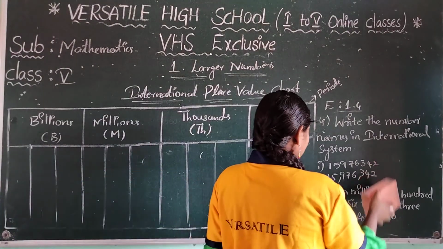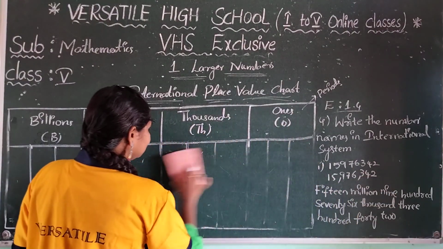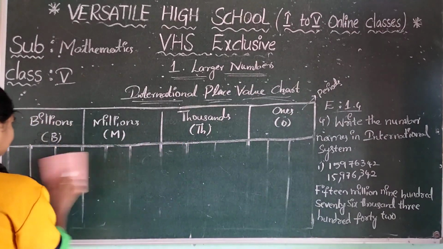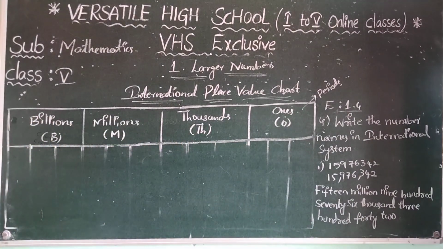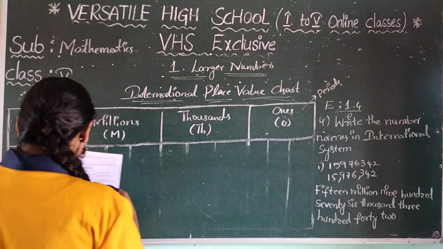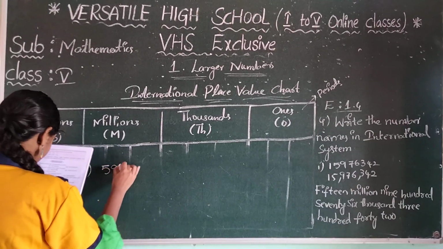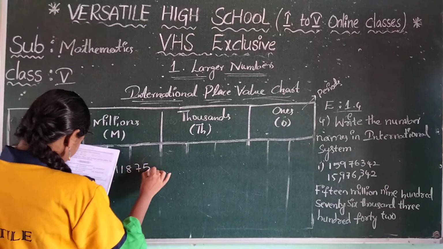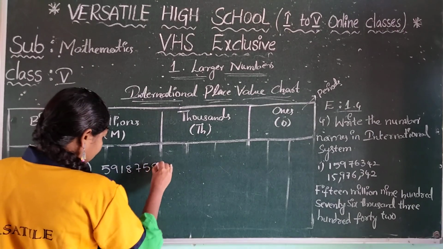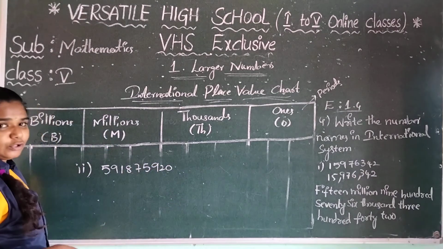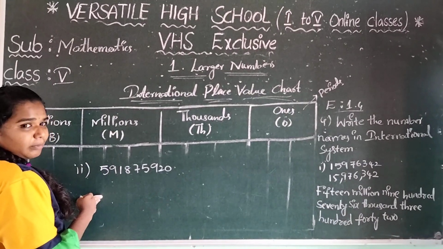Second one. What is the second one? First of all, you put the commas. You find out what the number is.